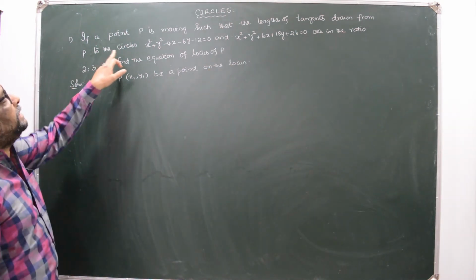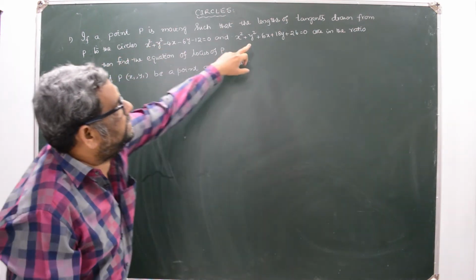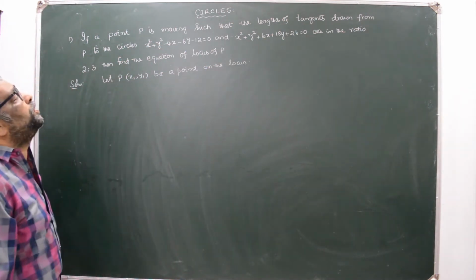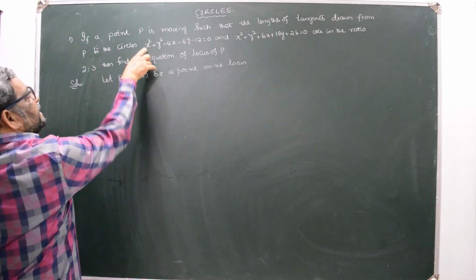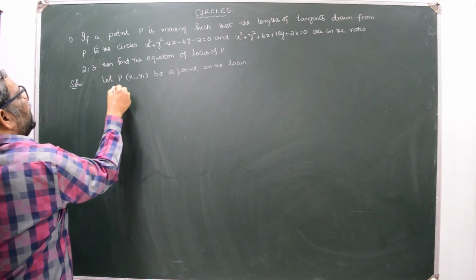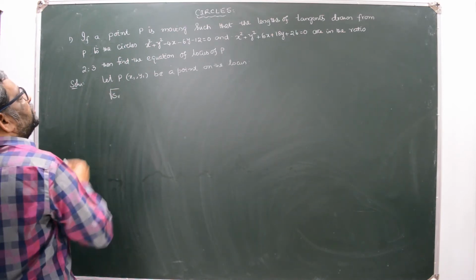It is given that the length of the tangents drawn from P to this circle and this circle are in the ratio 2:3. For example, if you call this circle as S, then root S11 is the length of the tangent.